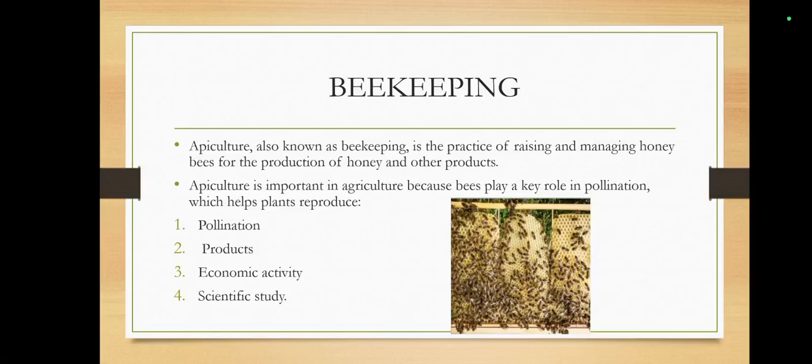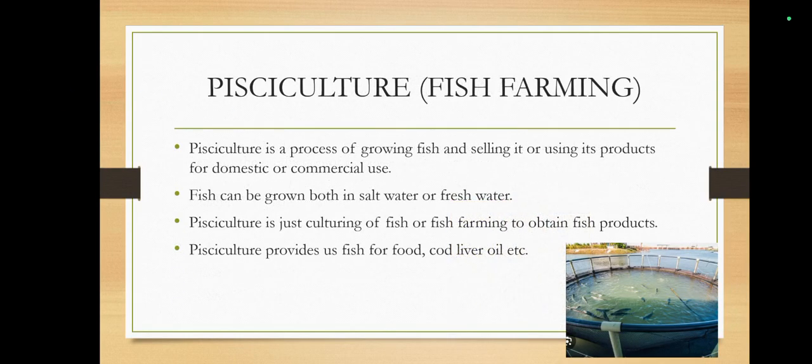They are kept for their honey and other products, or for their services as pollinators of fruits, vegetables, and blossoms, or as a hobby. Apiculture, that is beekeeping, is the science of maintaining colonies of bees and their hives. Now, the third allied activity of agriculture is pisciculture.